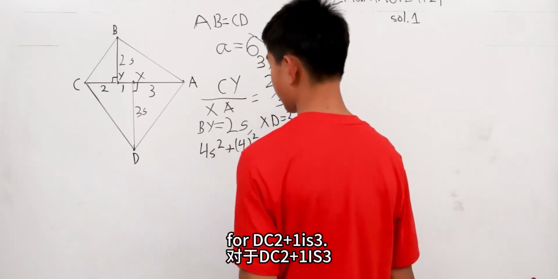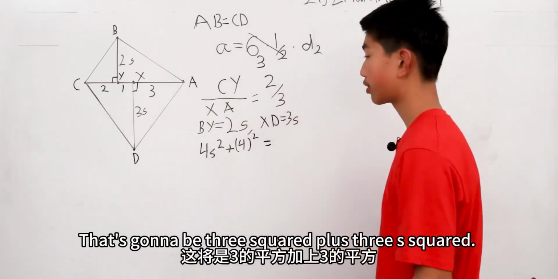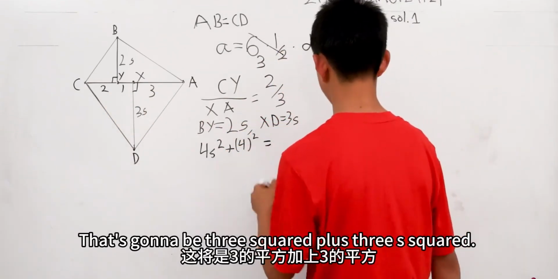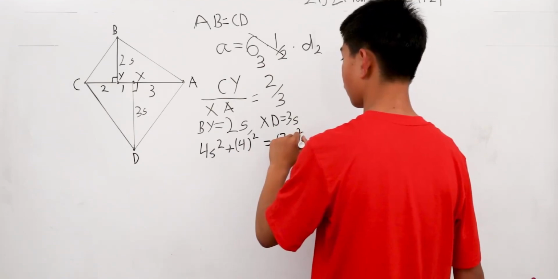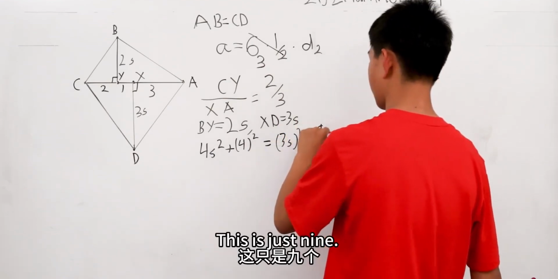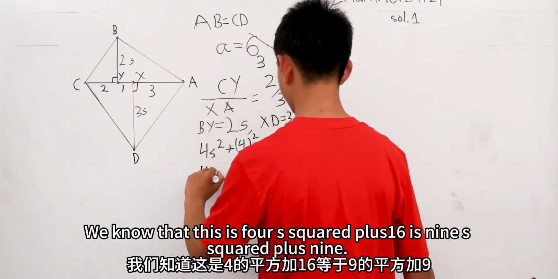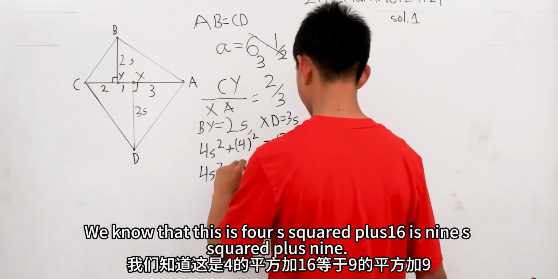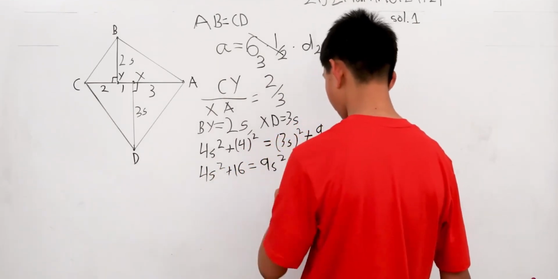Now for DC, 2 plus 1 is 3, so that's going to be 3 squared plus 3s squared, plus, this is just 9. So we know that this is 4s squared plus 16 equals 9s squared plus 9.